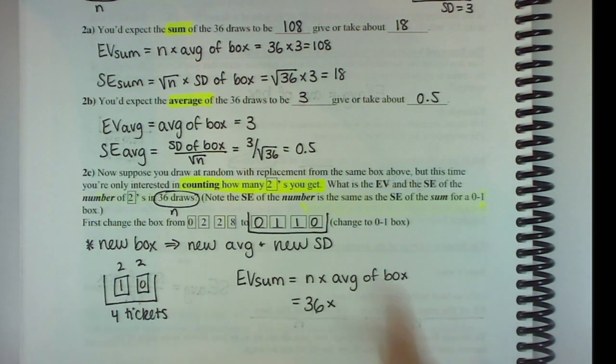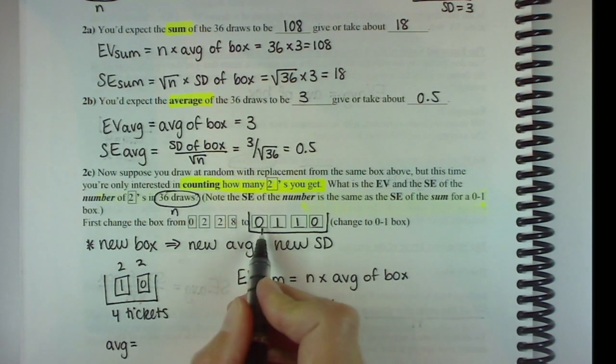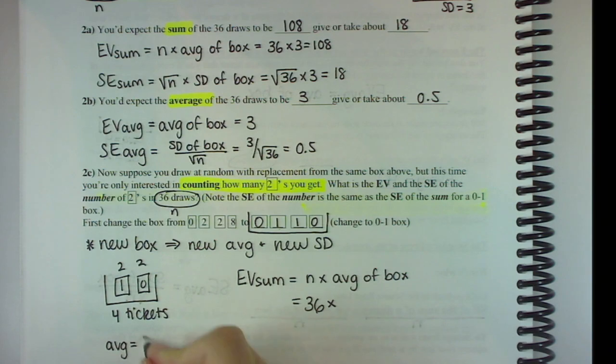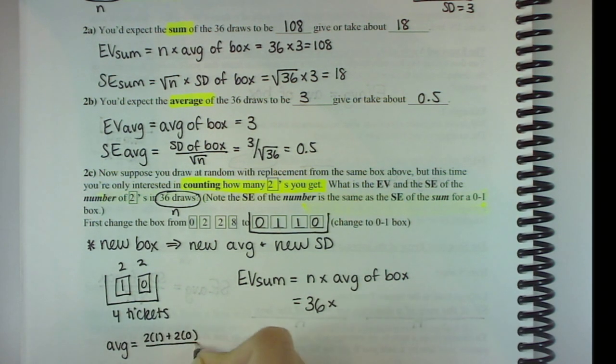And remember, anytime you draw a new box, anytime you change anything, you have to change your average and SD. So my average is going to be 0 plus 1 plus 1 plus 0 divided by 4. Or I could say there are 2 1s plus 2 0s divided by 4.